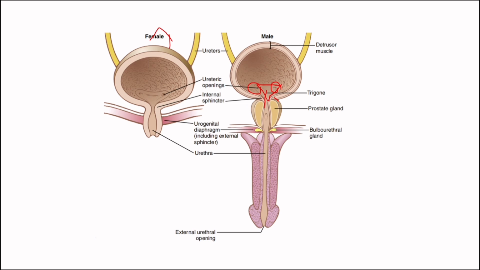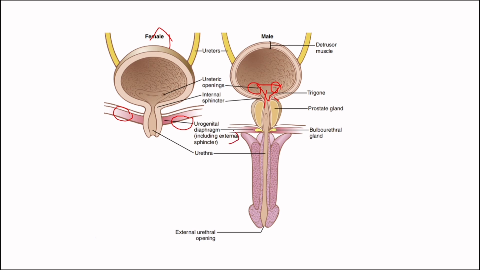Then the neck of the bladder connects with the ejaculatory duct to form the prostatic urethra. We also talked about the external urethral sphincter, which is voluntary.